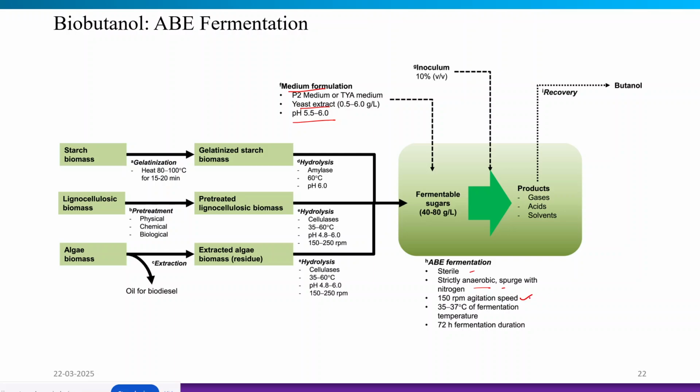This is also an important process parameter for biobutanol production. The temperature maintained for higher yield of biobutanol is 35 to 37 degrees, and it requires 72 hours to produce the biobutanol from these fermentable sugars. We mainly get acids and solvents, so we separate out the solvents.